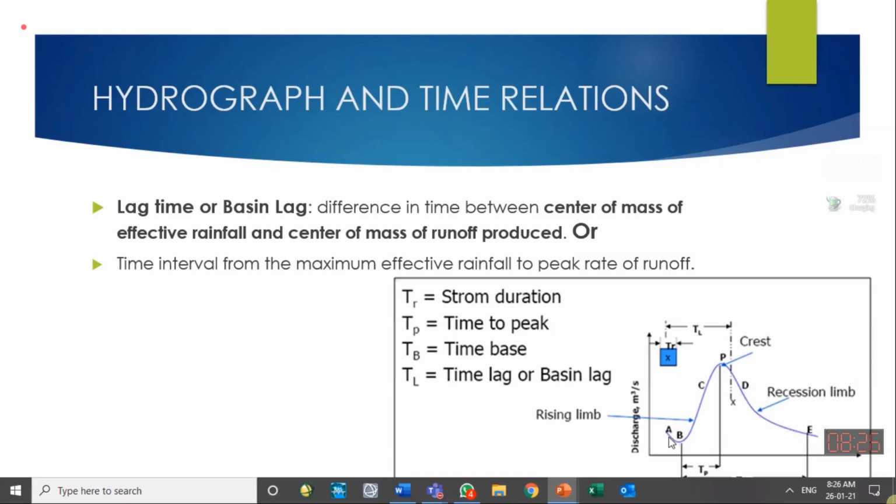So we draw a line freehand in a curved manner till the peak, and then we draw a line freely up to the point of inflection of the recession limb.